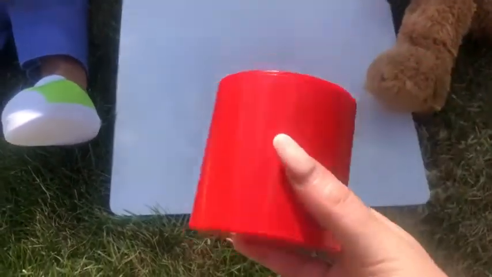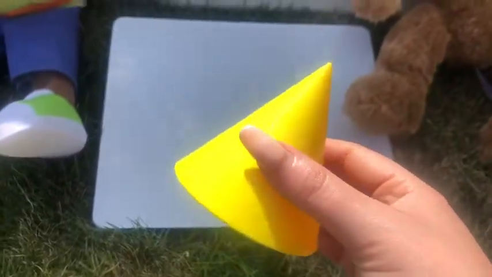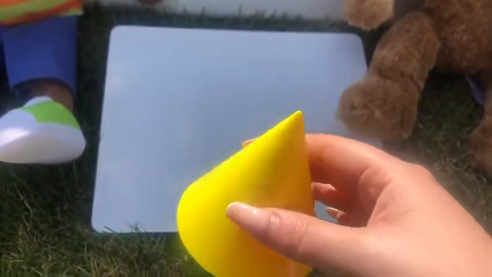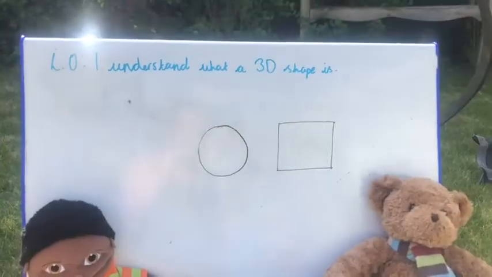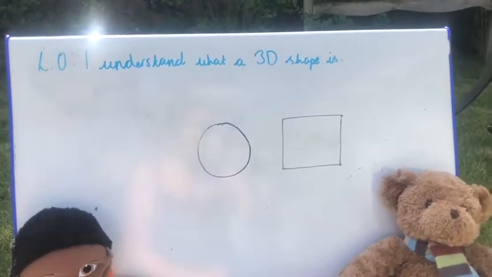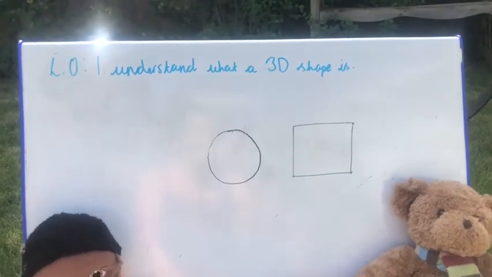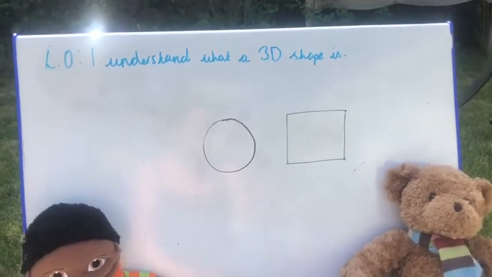We also have a cylinder. Good job. And can you guess this one? It's a cone. Excellent. So today we're going to be looking around for some 3D shapes that we can see and that we can talk a little bit about, okay? Just to help us to understand what a 3D shape is.